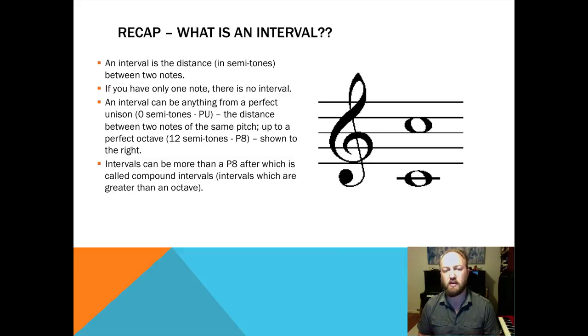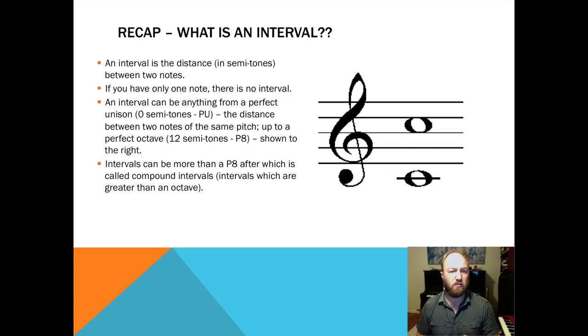Other cultures use different intervals, which are often much smaller than the semitone. Of course, if you only have one note, we don't have an interval because we need two things to see what the distance between them are.